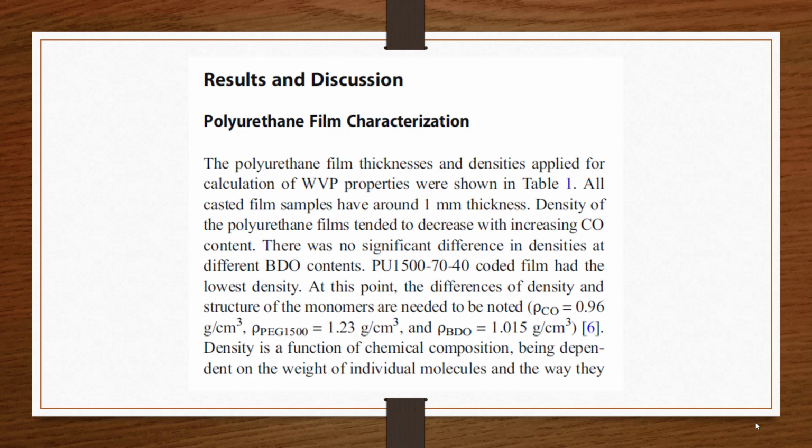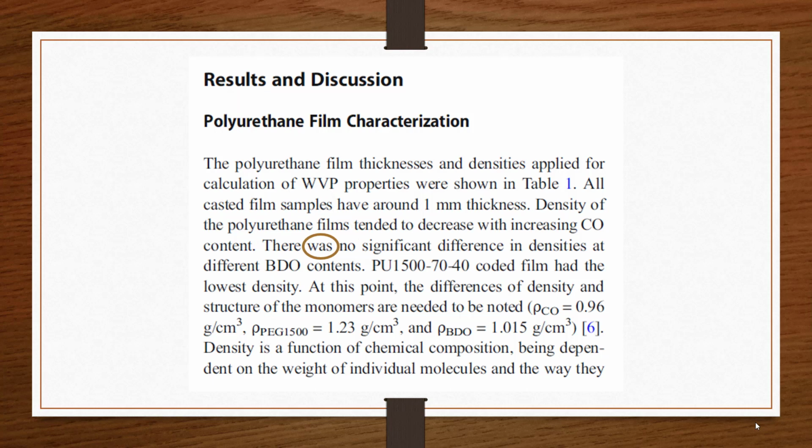Notice it's not results section followed by discussion, but we have both results and discussion in the same section. They're combined, and we'll see in a minute why they're doing that. Right, so we start off, we have results, we have a specific film, and specific densities are reported. So in this section, you're going to see a lot of technical data.